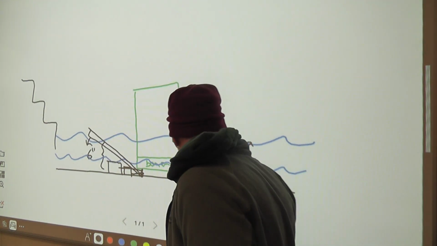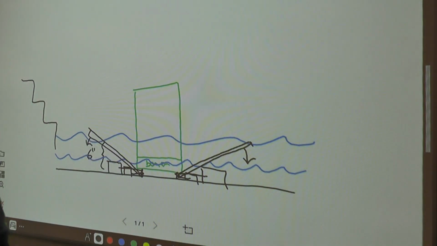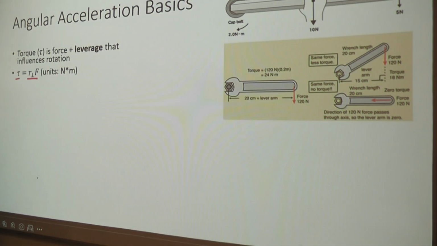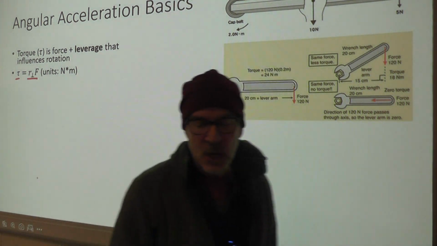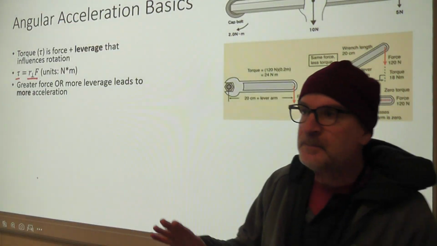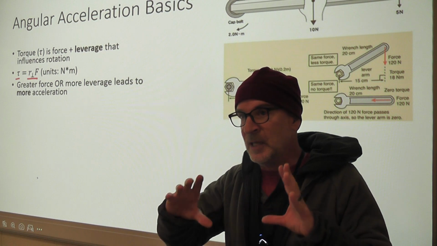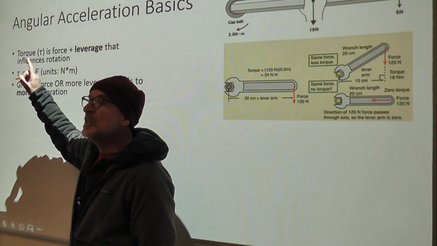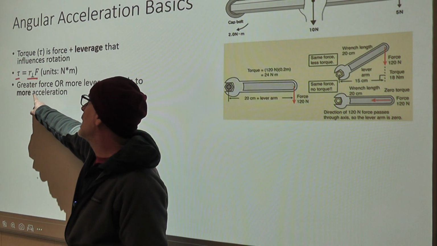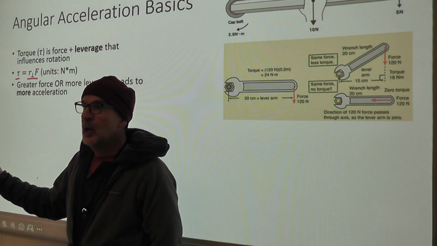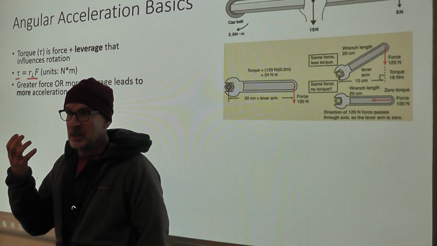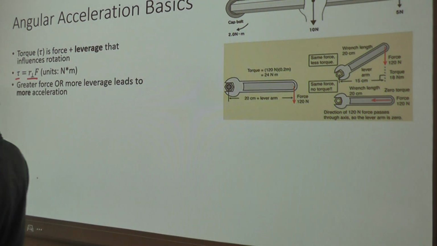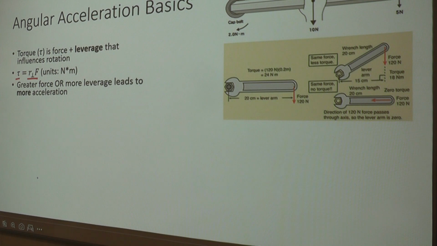None of that is of critical importance, but I like thinking about that stuff because this is where the real physics gets applied. When we think about changing the rotational speed of something, we do that by applying overall torque. Since torque is related to both force and leverage, we can increase angular acceleration by increasing either the overall force that we apply or making that force applied at a distance farther away from the center of rotation.